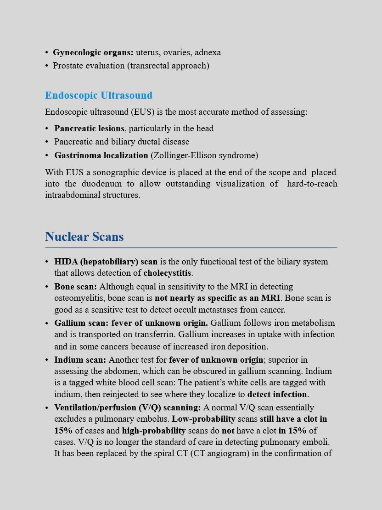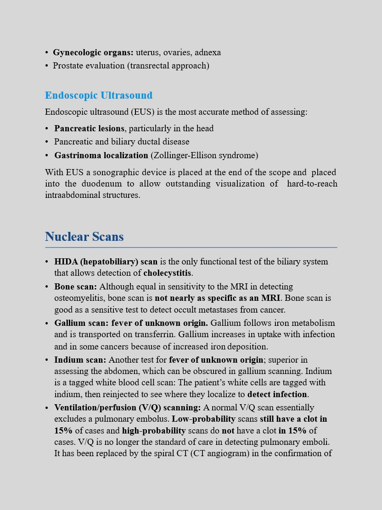Let's go to the next topic, which is nuclear scans. Number one is HIDA, or hepatobiliary scan. It is a functional test of the biliary system that will allow detection of cholecystitis. Number two is a bone scan, although equal in sensitivity to MRI for detecting osteomyelitis, the bone scan is not nearly as specific as the MRI.